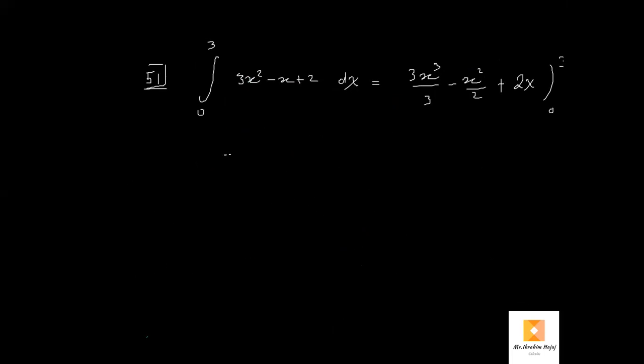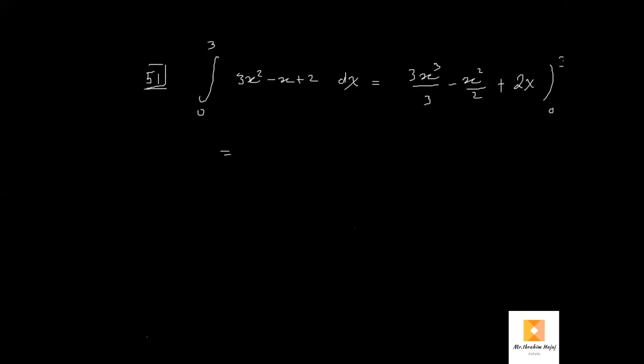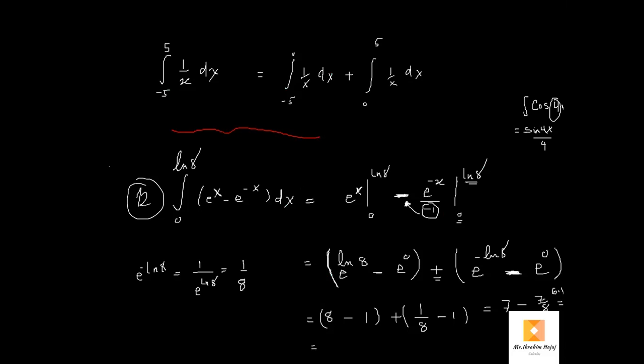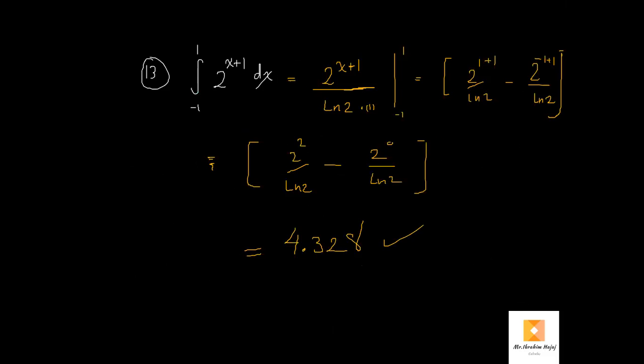Mister, it's plus, not minus. 3x squared plus, and minus 2x, so it's minus 2x in the question anyway. Then cancel, substitute 3, okay, and that's it. Substitute, it's easy, right?